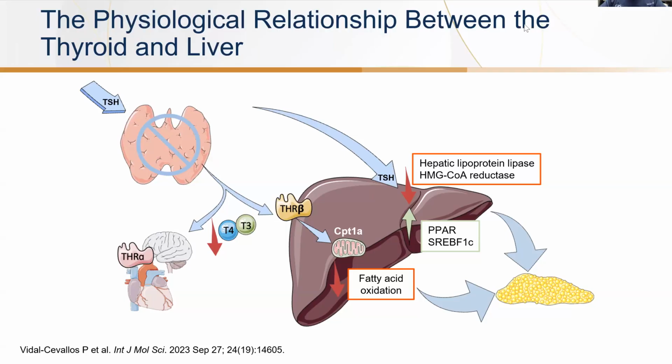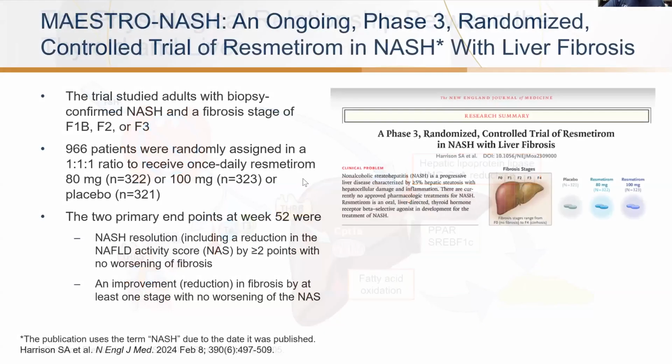It also helps break down excessive fat in the liver and also increases the expression of bile acid synthesis enzymes, promoting cholesterol conversion to bile acids and enhancing cholesterol efflux from the liver. This increases mitochondrial biogenesis and removes unhealthy mitochondria, leading to increased capacity to metabolize free fatty acids.